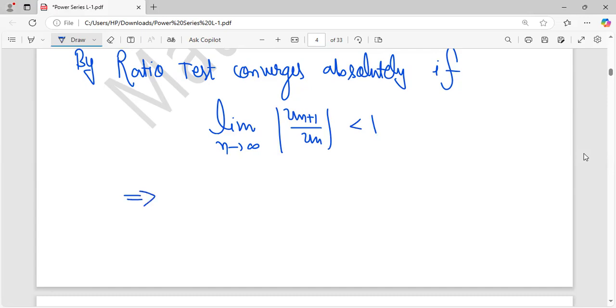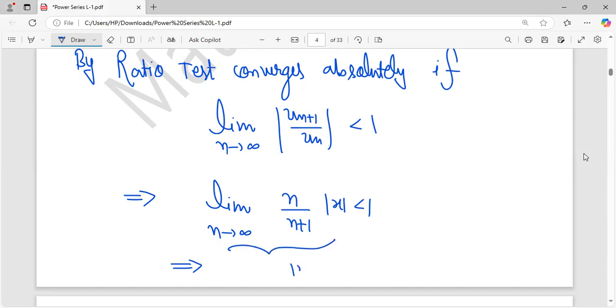So what is the limit? This limit is mod x, which should be less than 1.